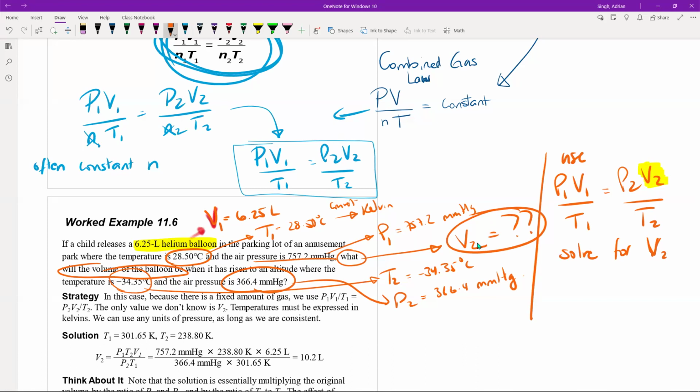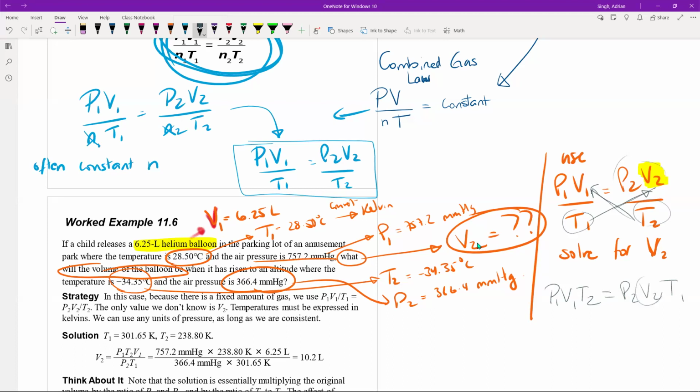We can cross multiply if you're familiar with cross multiplication. If I cross multiply this way and I cross multiply that way, what I get is P1 times V1 times T2, as I move this over here, would be equal to P2 times V2 times T1. Now I want to just get V2 on this side.